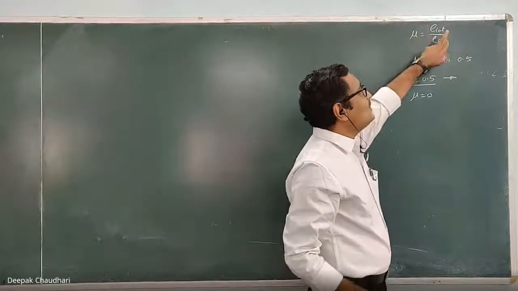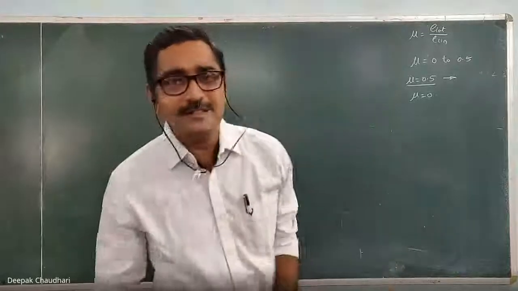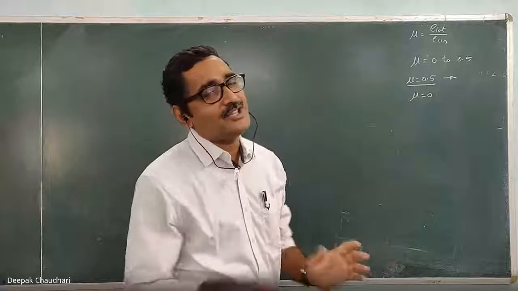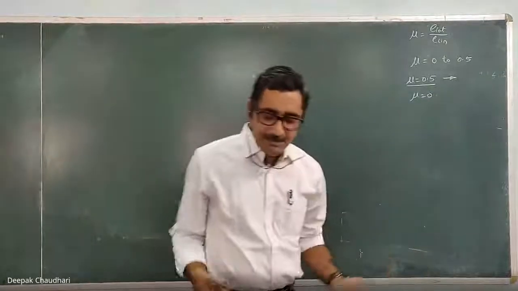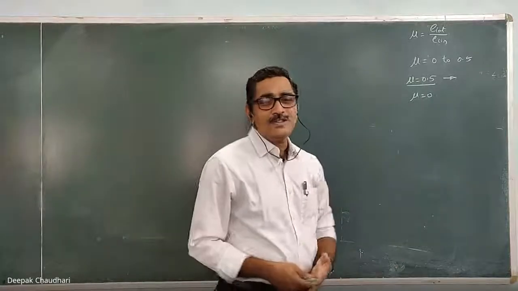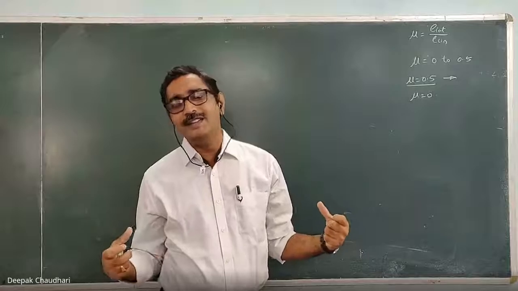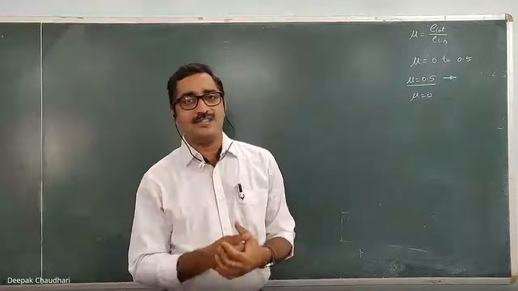If mu equals 0, it means the lateral strain equals 0. If we apply a force, only the linear dimension changes and the lateral dimension won't change. For some materials with mu equal to 0, if you apply the force axially, the cross-sectional area won't change, so there is no lateral strain.